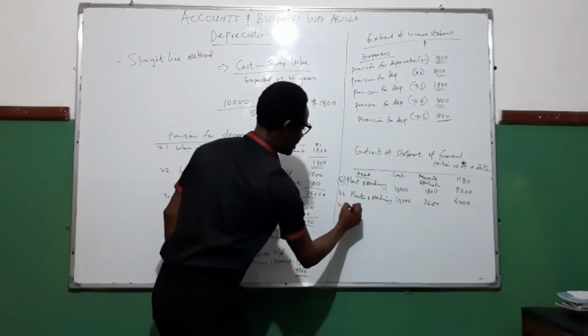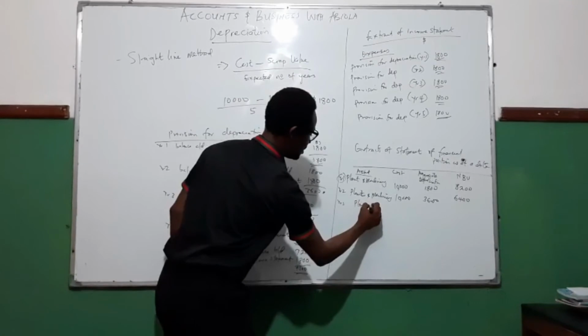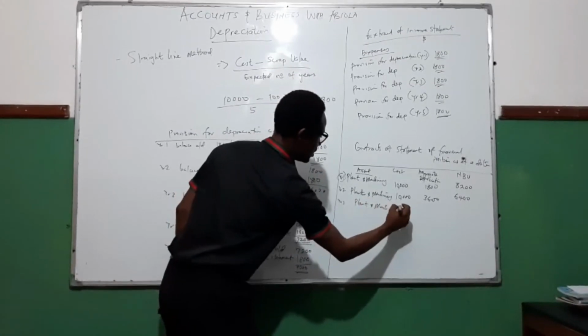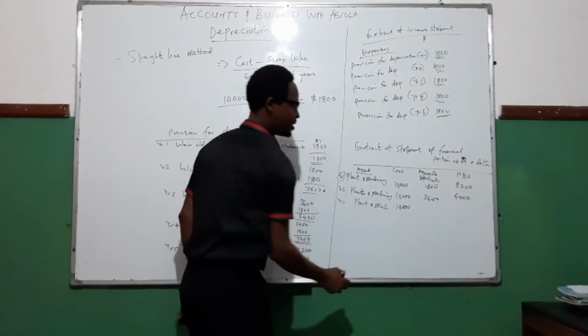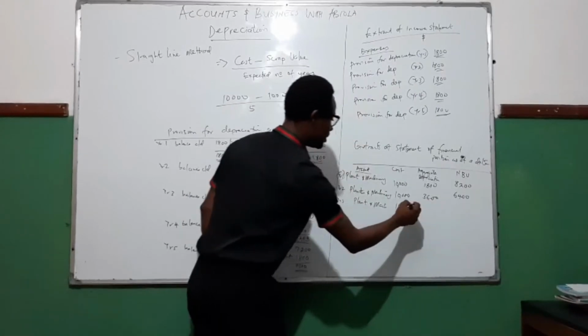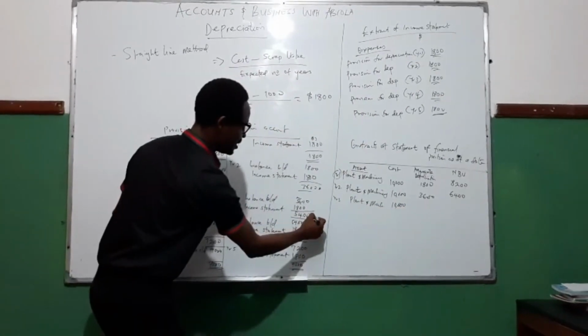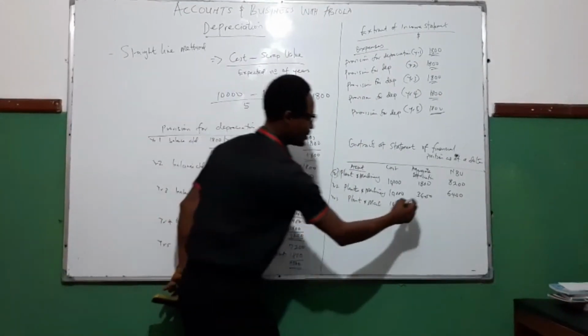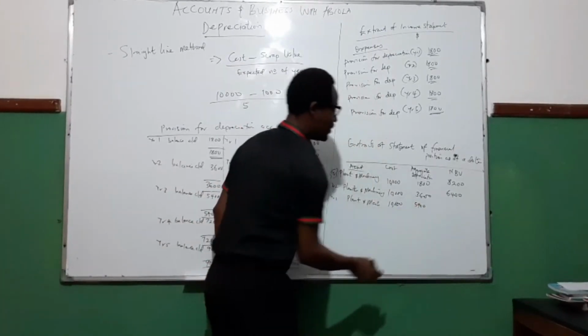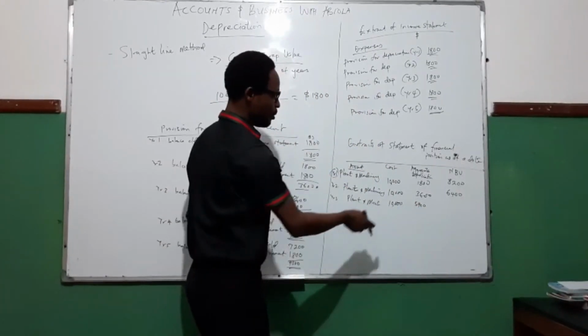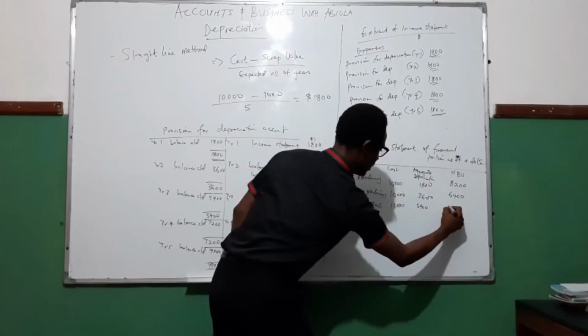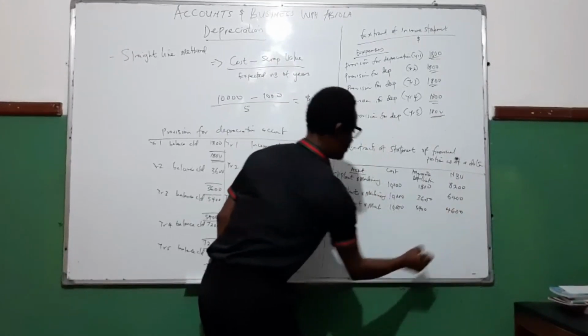In year 3, plant and machinery is still 10,000 at cost. Then accumulated depreciation at the end of year 3 is 5,400, leaving us with the balance of 4,600.